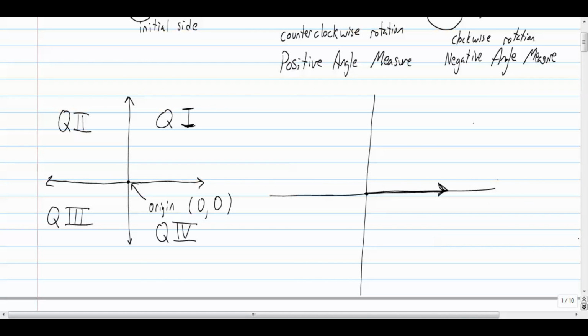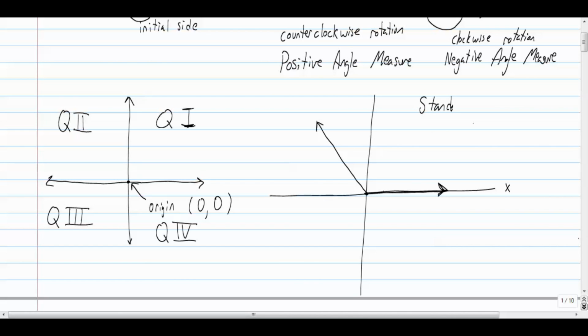The initial side is on the positive x-axis. No matter where I draw my terminal side, I'm just going to draw one here. If I draw the initial side on the positive x-axis, that angle measure is said to be in standard form.